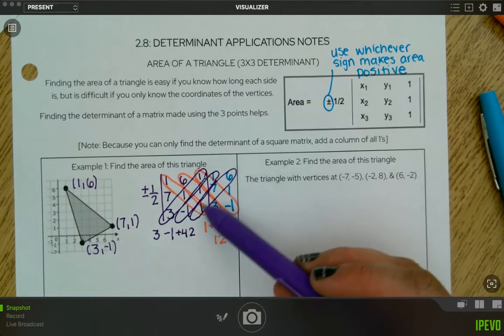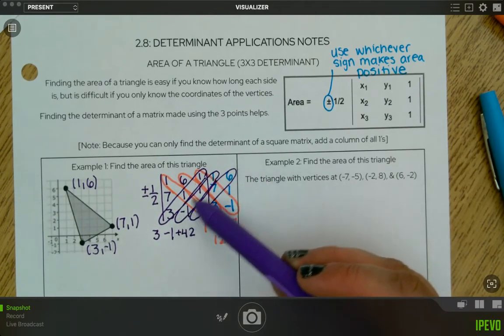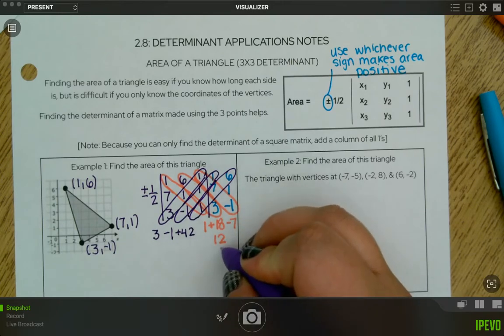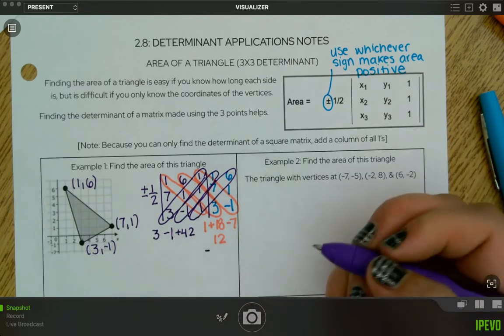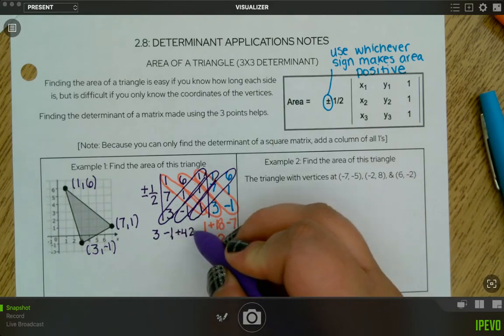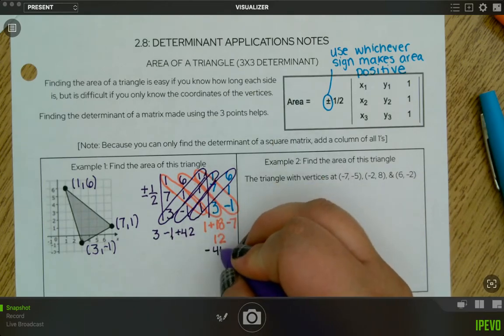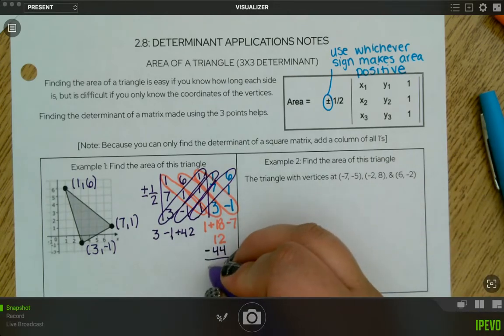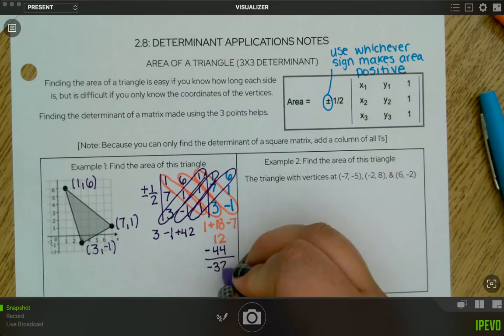So we're just multiplying all three of the numbers together in each diagonal. And that answer is going to get subtracted from the 12. So it's 12 minus 3 minus 1 is 2, plus 42 is 44. And 12 minus 44 is negative 32.